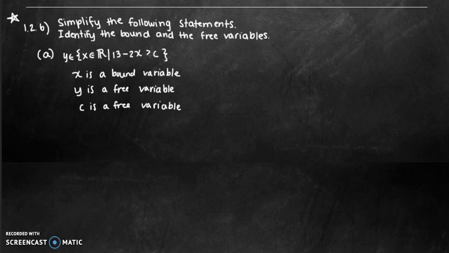So if I say C is 0, then that's going to change which elements I can include in this test. 13 minus 2x might be greater than 0, but 13 minus 2x might not be greater than 5 or something. So because the meaning changes, and by meaning I mean truth value, then C is a free variable.